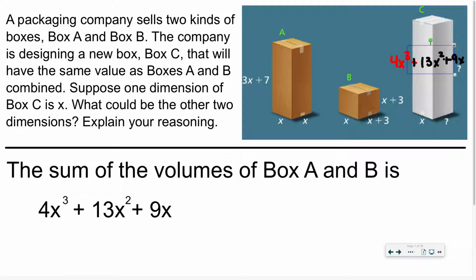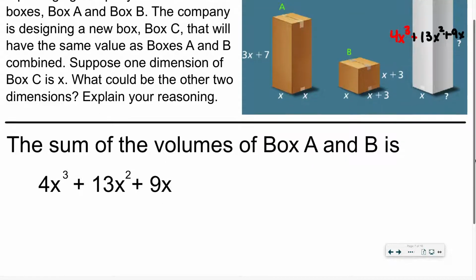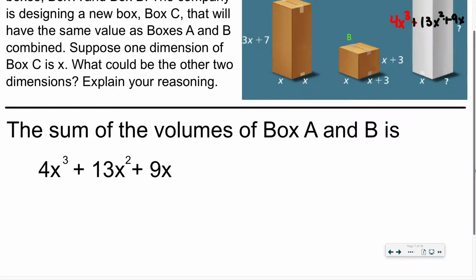So if the volume of this new box that they're going to use is this expression, 4x cubed plus 13x squared plus 9x, how can I find the side lengths? What do I know? That's the volume. That's the volume. Good. Okay. And how did I get the volume?